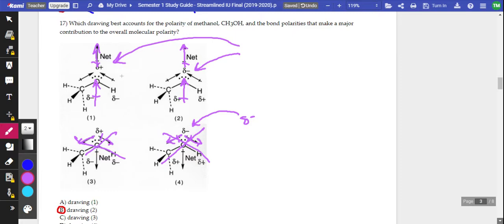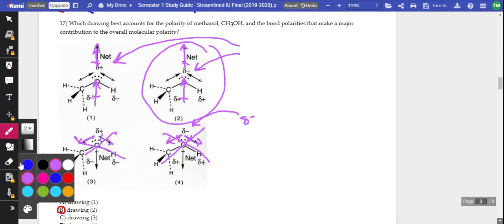But in this case over on the left, it's saying the oxygen is partially positive and the other things are partially negative, which is not true. We should be pulling that negative charge away from the carbon and the hydrogen. So B, number 2, is our best answer.